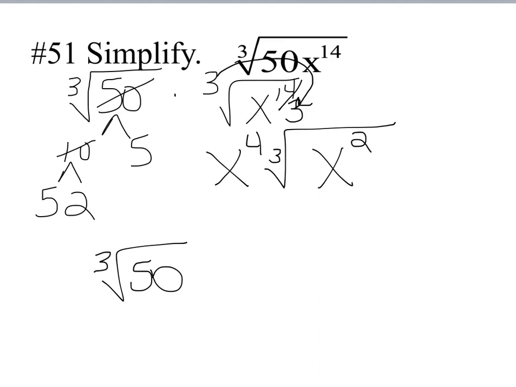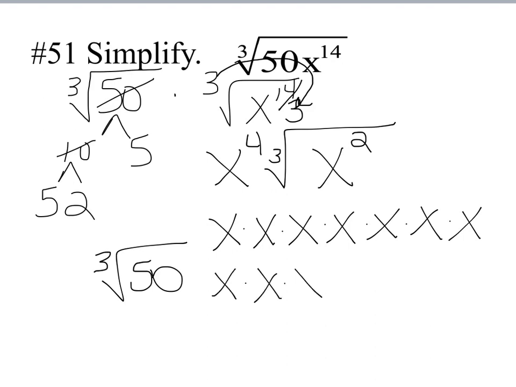Now, not everyone can see that. So if you can't see that, you're going to do that where you write the x 14 times. So 1, 2, 3, 4, 5, 6, 7, 8, 9, 10, 11, 12, 13, 14. Now, how many x's do I need in order to be able to pull 1 out front?